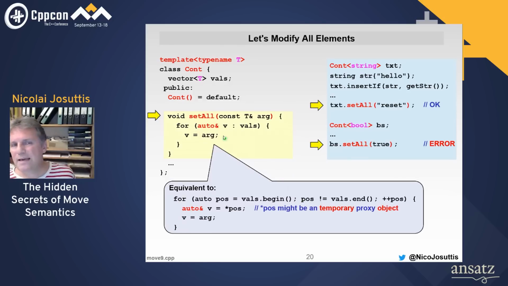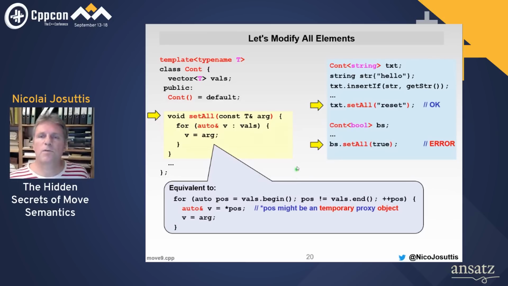Then we deal with each and every element this iterator points to, so *pos. Now on the left-hand side, we have this expression. We take the current value in our vector, and then we assign this to an lvalue reference, which is not const, because we modify it.